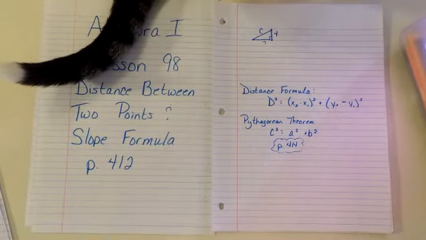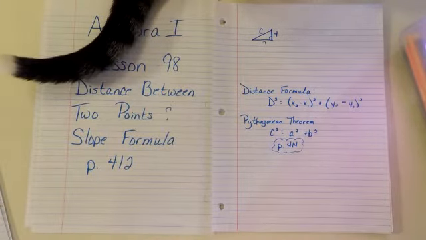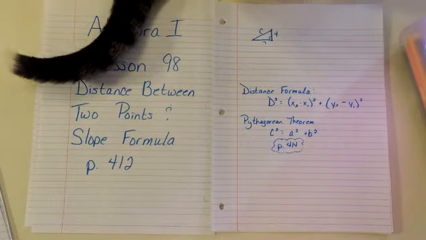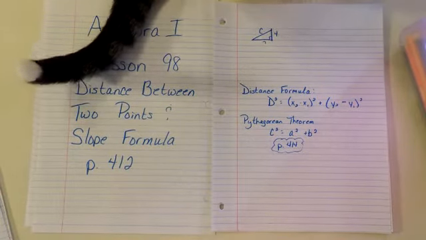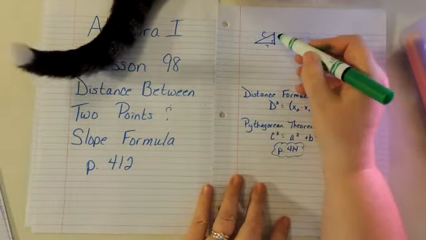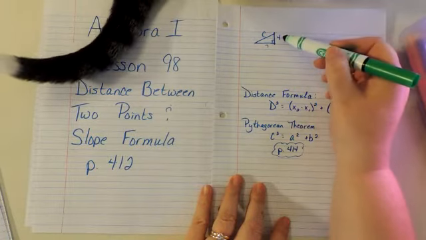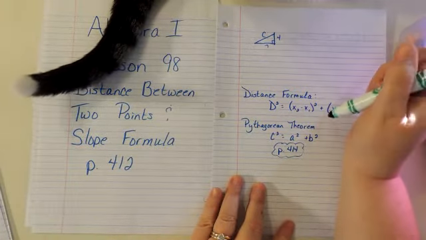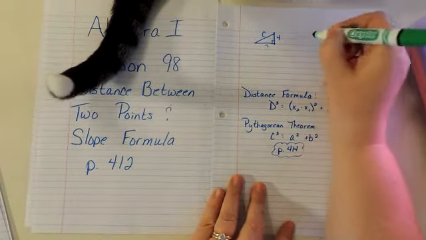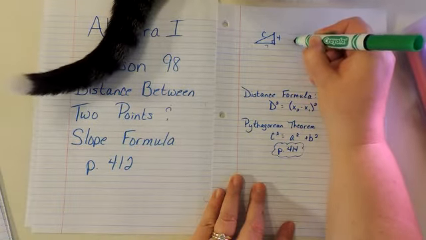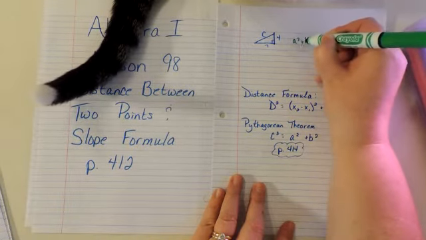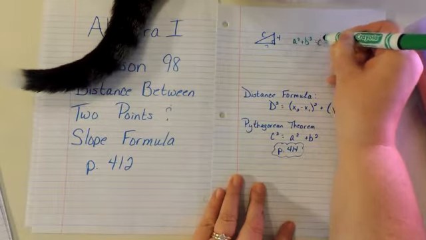In the last lesson, we used the Pythagorean Theorem to find the missing side of a right triangle. So here we have a right triangle with legs that are 4 and 7, and if we wanted to find c, we would remember that the Pythagorean Theorem is a squared plus b squared equals c squared.